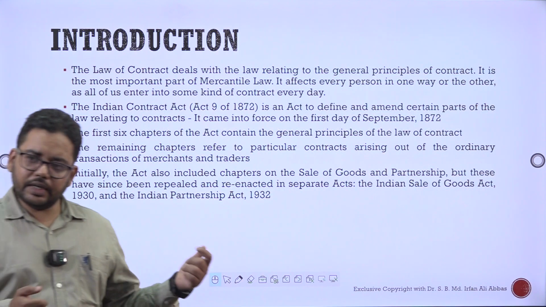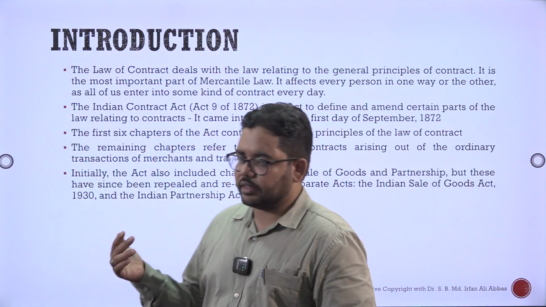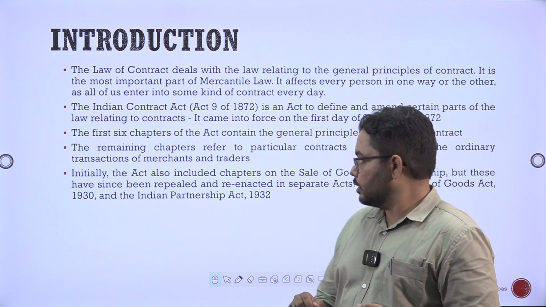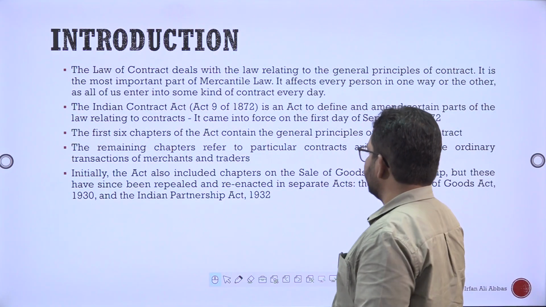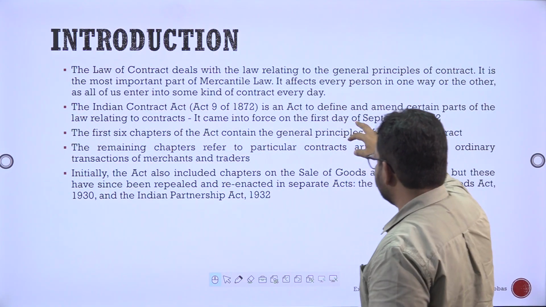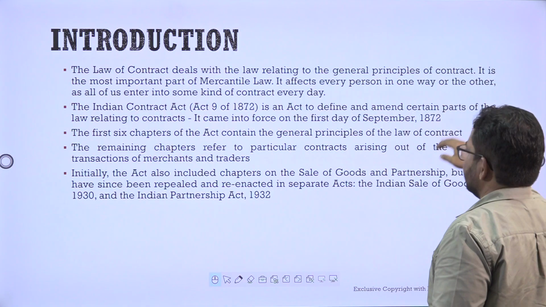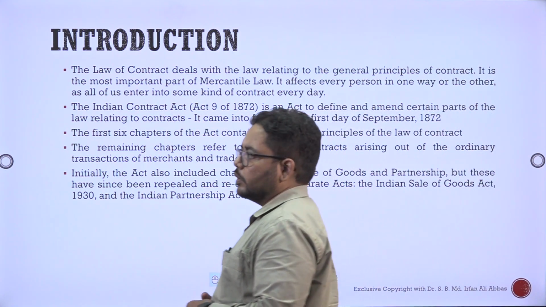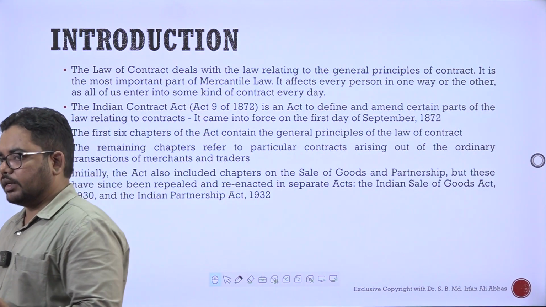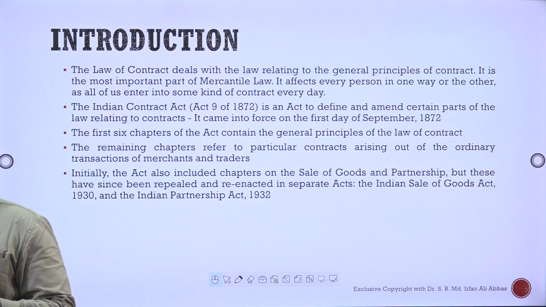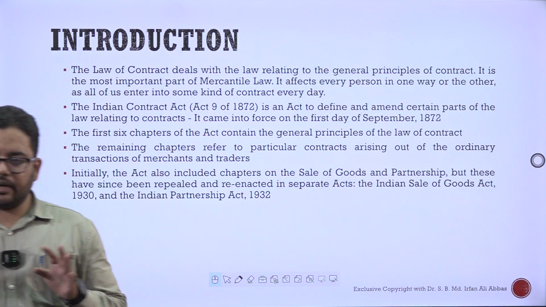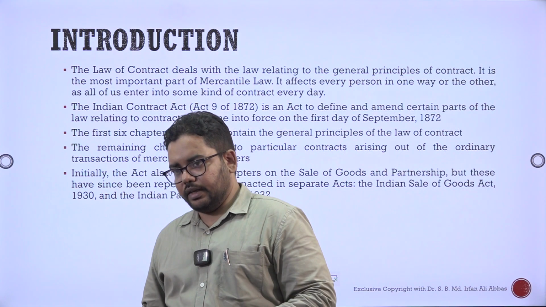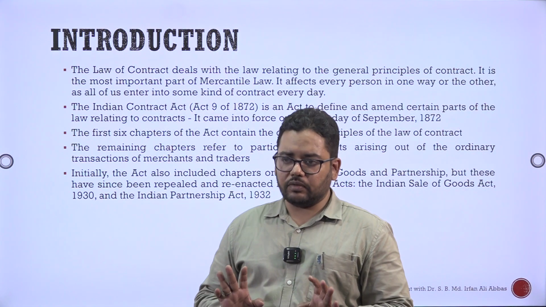So we will be dealing with all those different circumstances as to what is a valid contract and what is a void agreement. If you look at the Indian Contract Act, it is an act to define and amend certain parts of law relating to contracts. So the Act itself, in its full title, clarifies that it is not a comprehensive legislation dealing with all aspects of contract.